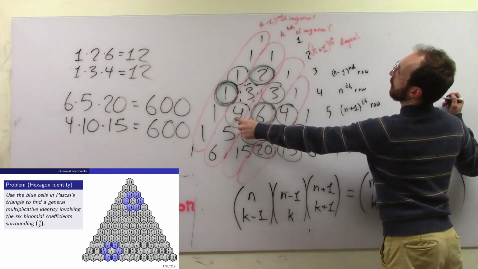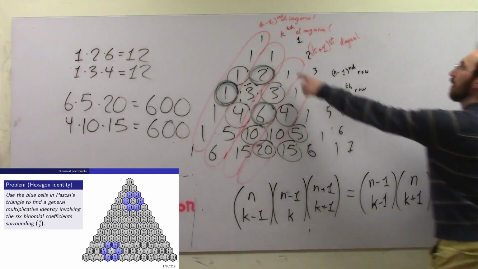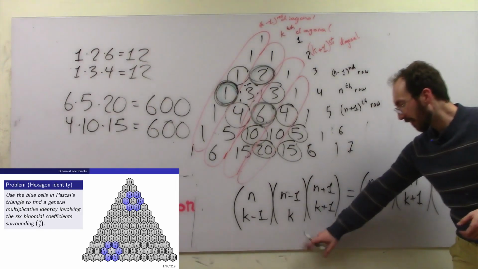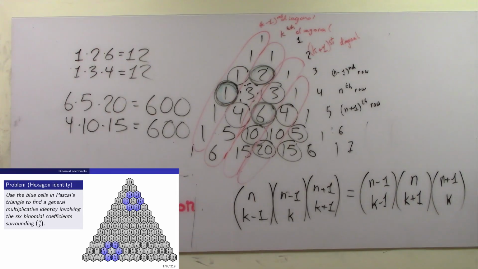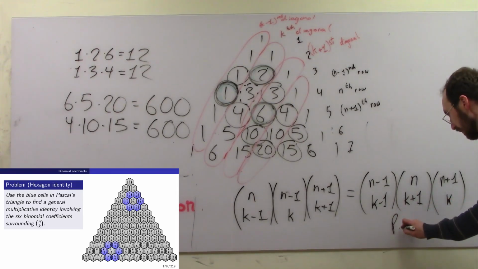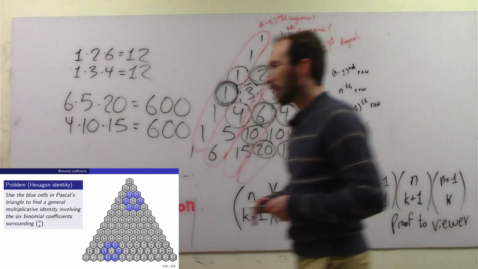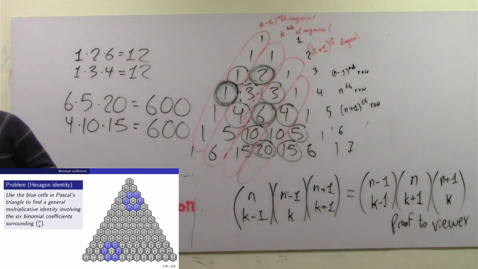What's that going to be? Perfect. Awesome. So now we have this product right here, this product right here, and there we go. Perfect. That's all I have to write.